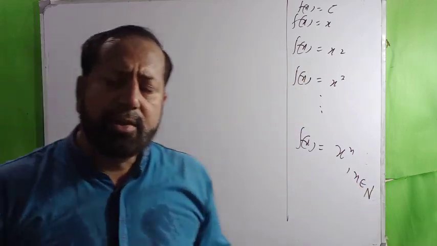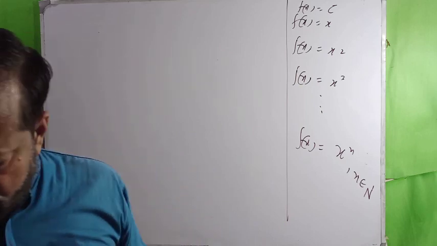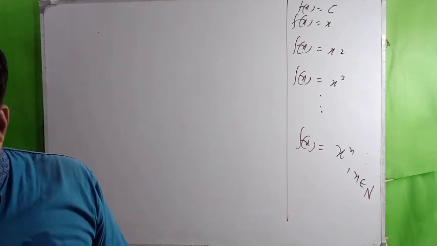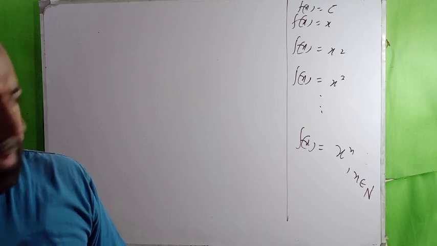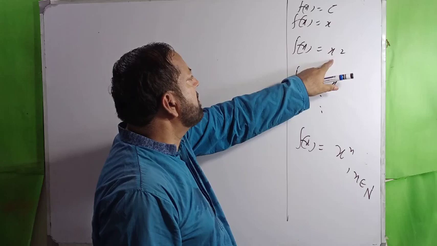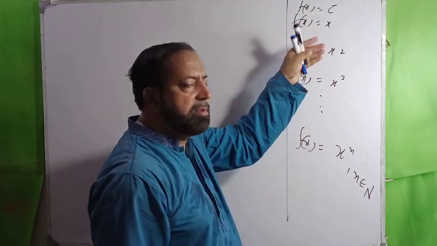You can integrate all these functions over a closed interval a b. I want to calculate one of them, c, and one is x square, and the rest of the functions you can calculate similarly.